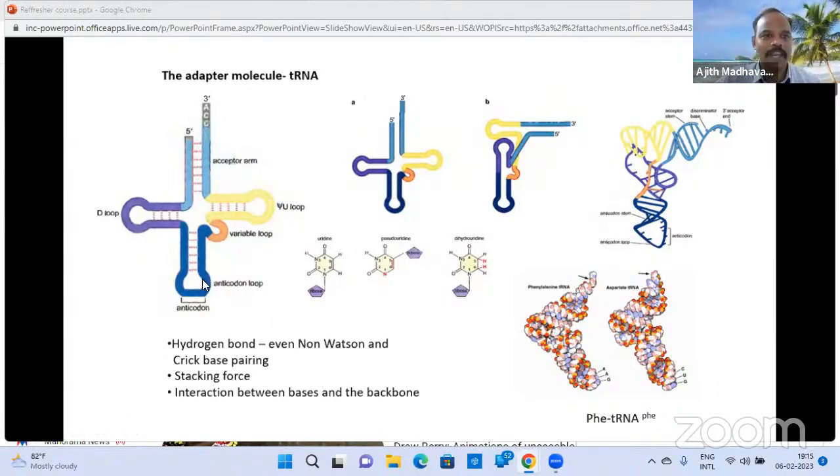Very quickly, let me tell you, and also drive home the point of how well the tRNA molecule serves as an interface adapter. Listen, this loop is called a pseudo-uridine loop. Pseudo-uridine is nothing but a modified uridine.